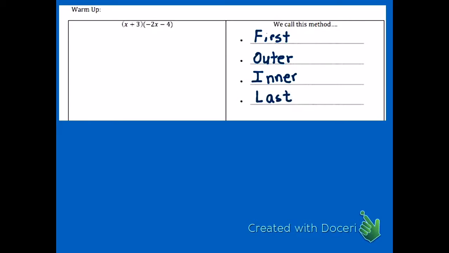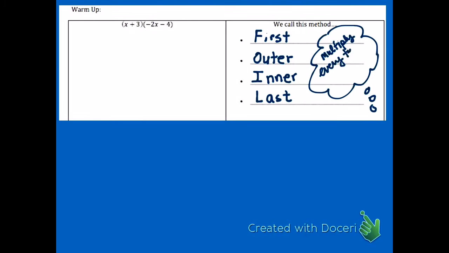It's really just a method for binomial times binomial to keep track of the idea that you need to multiply every term by every term. So that first, outer, inner, last is just a way to keep track of multiplying each term by each term.